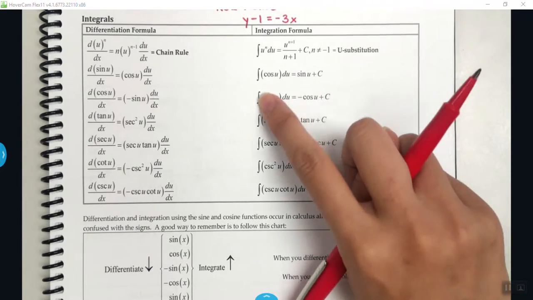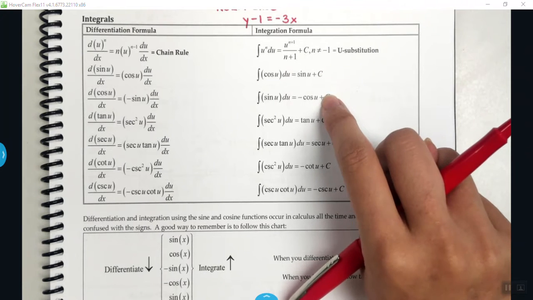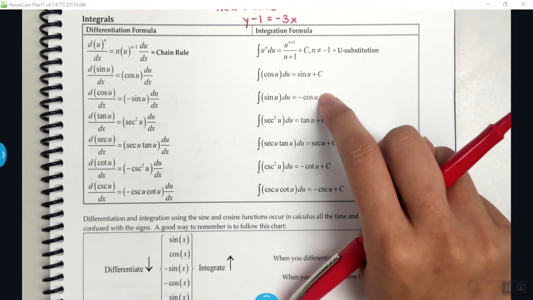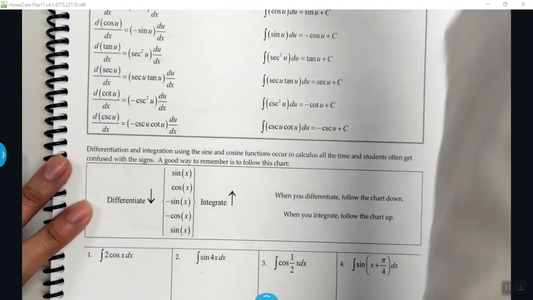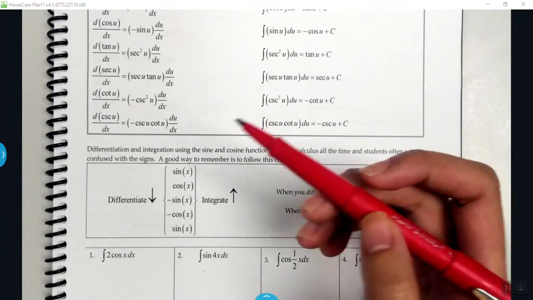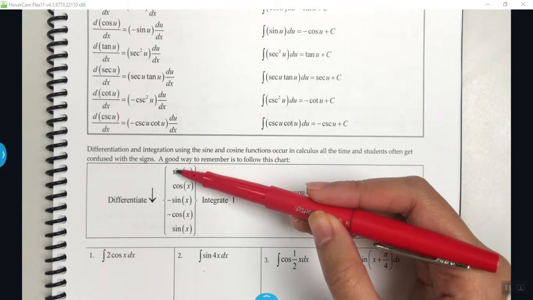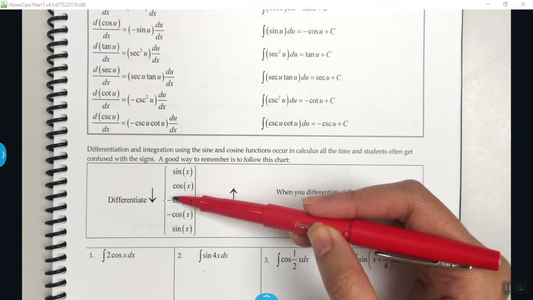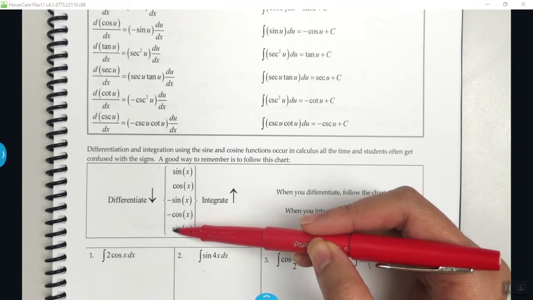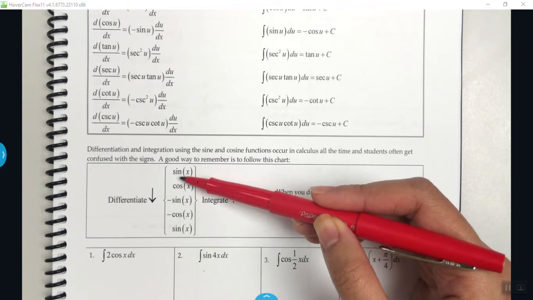These two get flipped. And so it kind of messes you up when you're doing integration of sine and cosine to remember which one's positive and which one's negative. So what we say is, if you want to remember the integrals and derivatives of sines and cosines, write this little chart. Like, you can even just do S, C, negative S, negative C, S. If you want the derivative, you just work your way down.